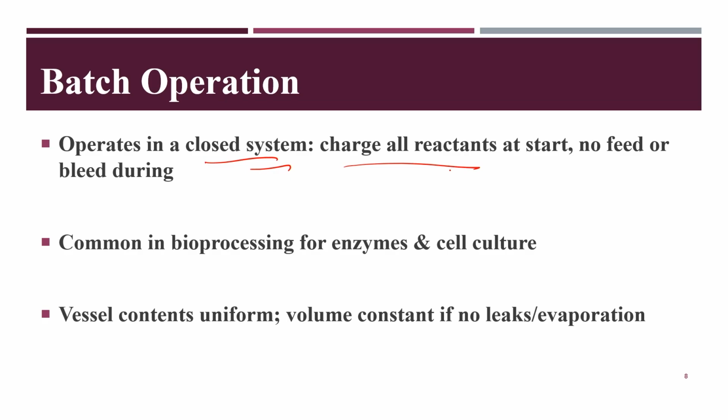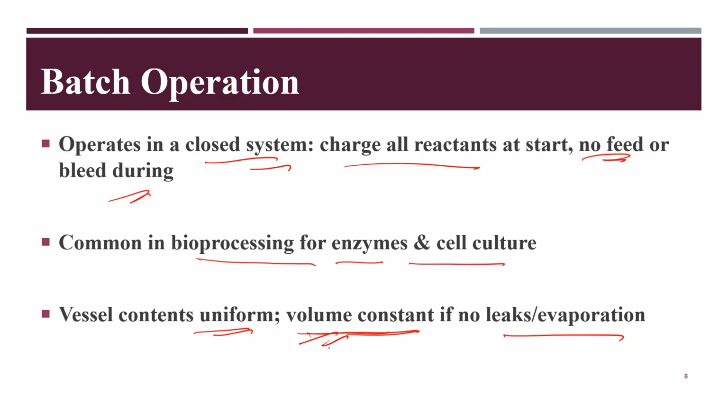So, we feed all the reactant at the start, and further there is no feeding. This is very common for the production of enzymes and cell culture, and what is important here, the vessel contains a uniform, constant volume if there is no leakage or evaporation. So, when we are deriving expressions for the rate, we can always consider the constant volume for the batch culture.